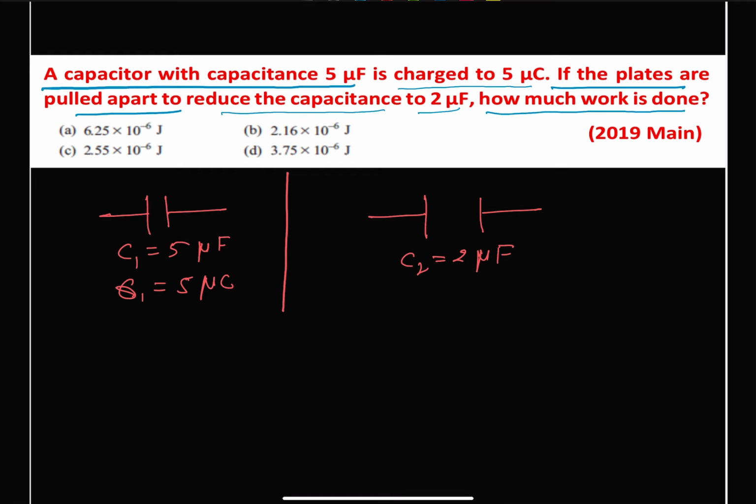Okay, and there is no external battery source of any kind, therefore the charge will be conserved. So this Q2 will be equal to Q1, which is our 5 microcoulomb. In most of the questions on capacitance and things like that, this charge plays an important part. Most of the questions which we have solved so far, directly or indirectly, we observe that the charge is always conserved.